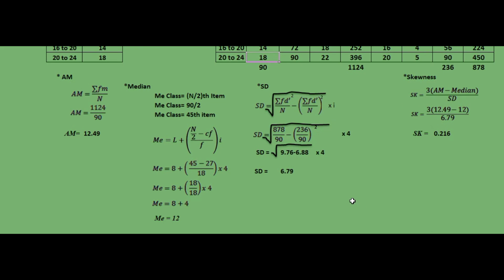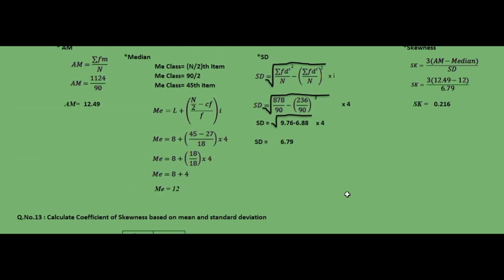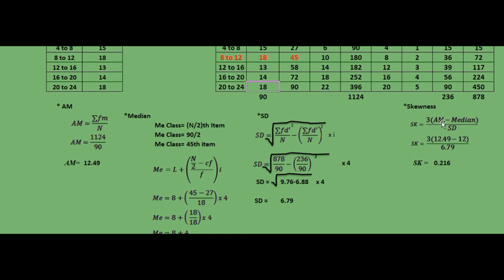Now I will give you the same type of question for your assignment, question number 13. Calculate the coefficient of skewness based on mean and standard deviation. Remember, based on mean and standard deviation means Karl Pearson.